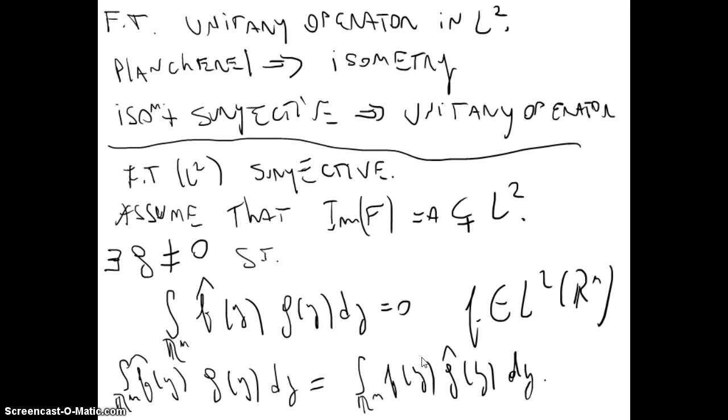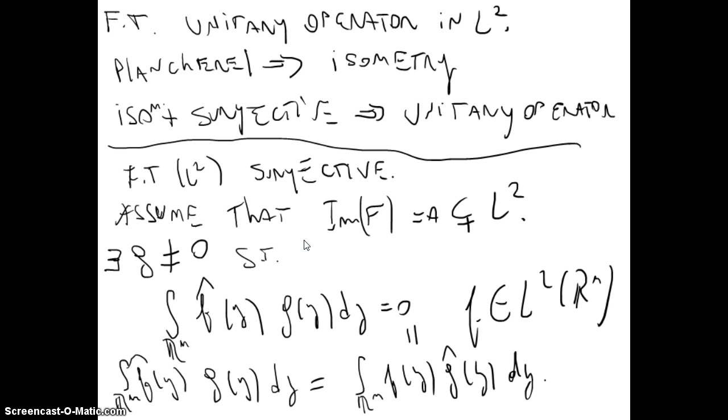And because of this, it also has to be equal to 0. Okay, so we use this property that we already used for L1 when we announced all the properties for the Fourier transform in L1. Now this property extends to L2.